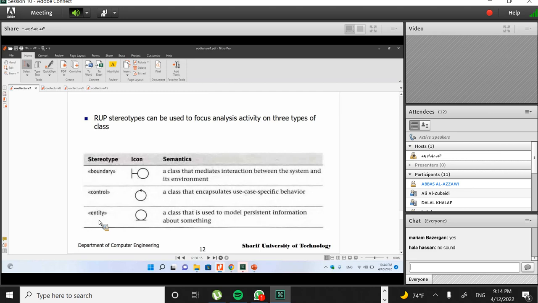The third category of classes are entity classes. What is the class a user system is about, for an educational system and for registered students in the system?